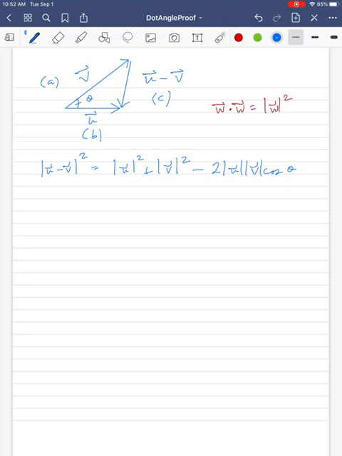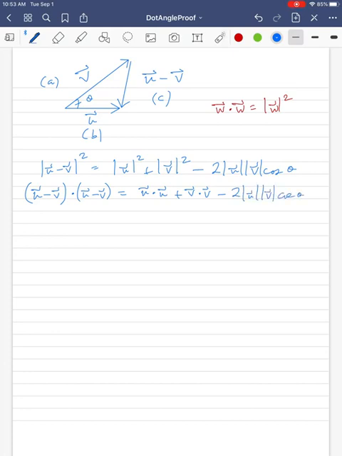The length squared of u minus v is u minus v dotted with itself. The length of u squared is u dotted with itself, plus the length of v squared, which is v dotted with itself, minus twice the length of u, leave that alone, length of v, leave that alone, and cosine theta.